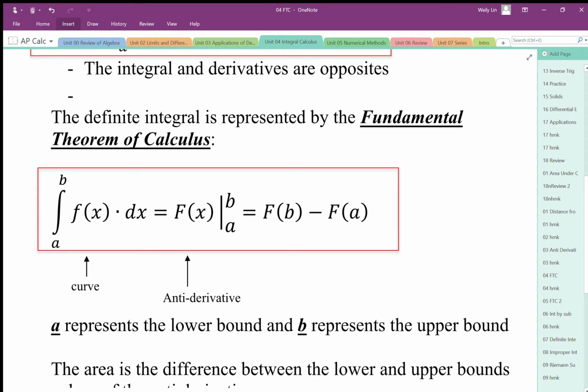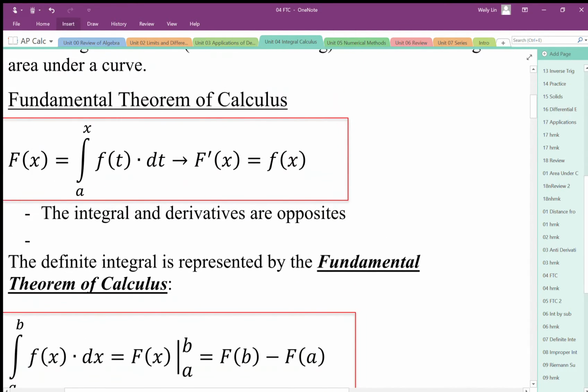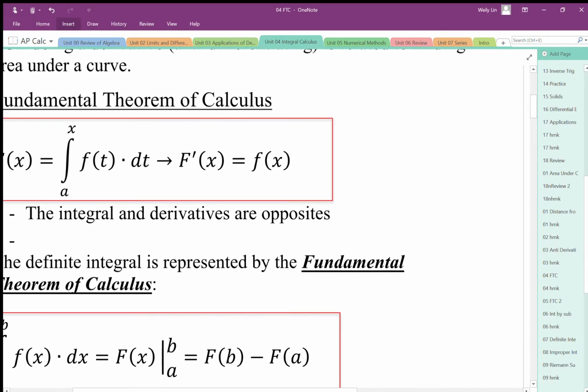So we go back to this idea of area of a curve, and we can look a little bit closer at the notation of this first statement. We have some curve, we're going to call this curve f. That's our f of x, or in this case, it's going to be f of t. And we're going to set some arbitrary starting point a.